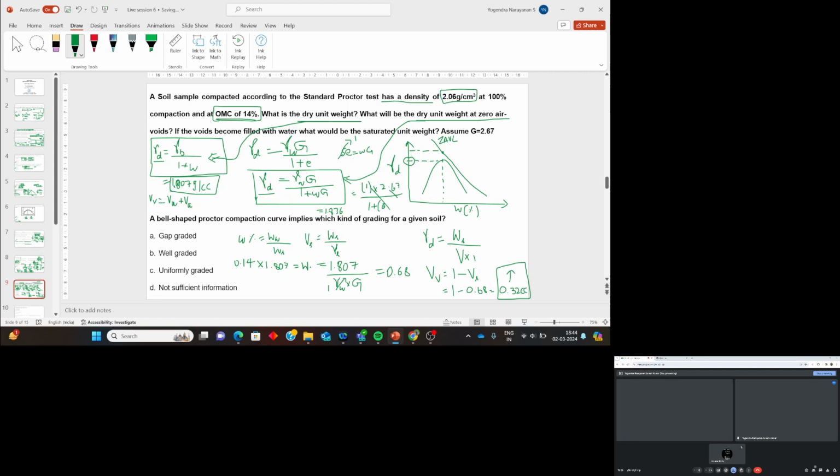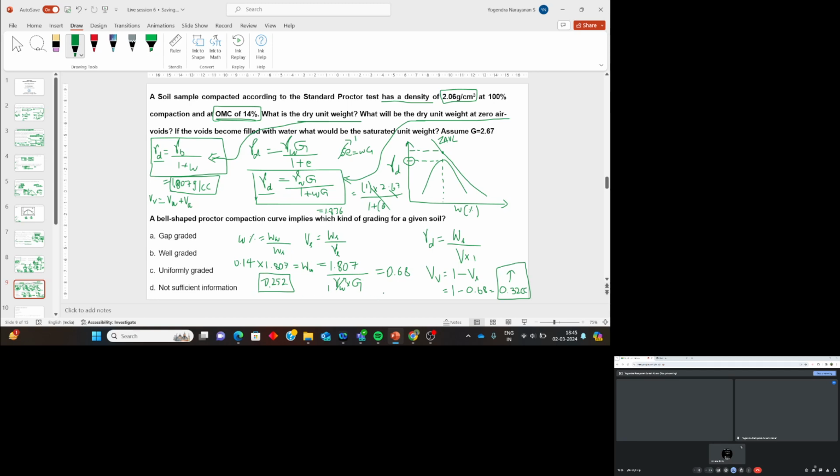How much is weight of water? 0.252. That means total voids is 0.32 and already present is 0.252.